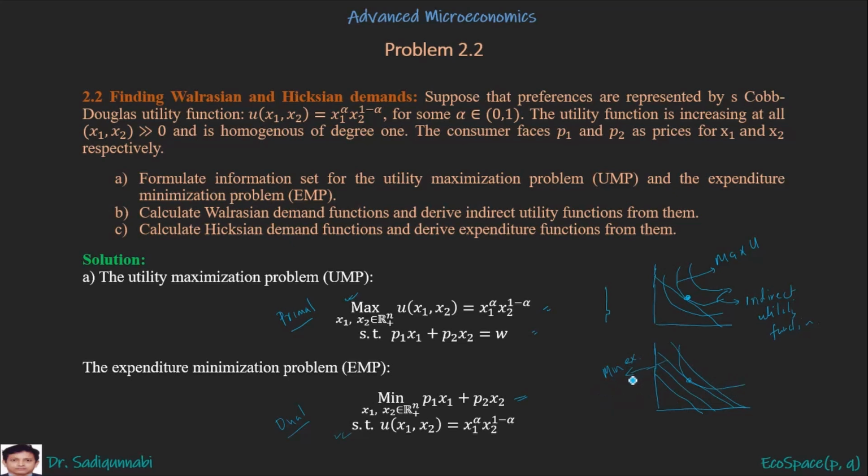Okay, so if we take question B, it says derive the indirect utility function, and first derive the Walrasian demands x1 and x2, and the indirect utility function, that means the maximum value function.